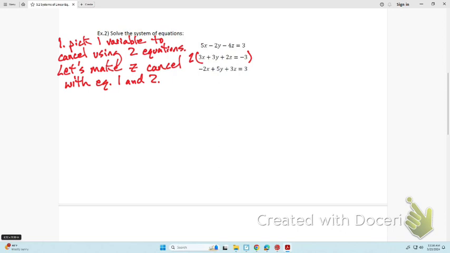will cancel. I'm going to leave the first equation alone. And the second equation, I double everything.